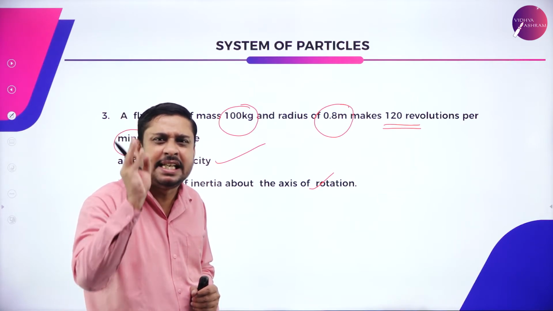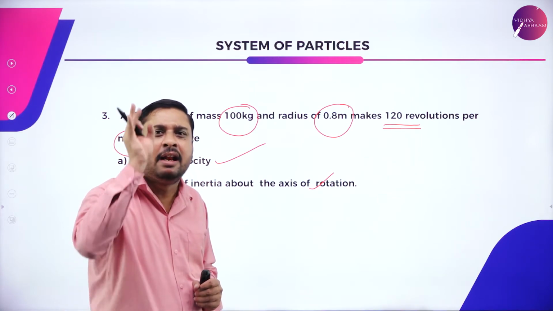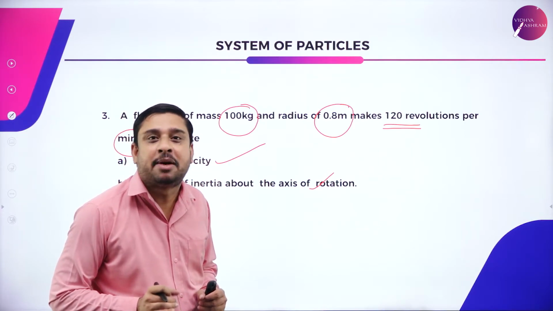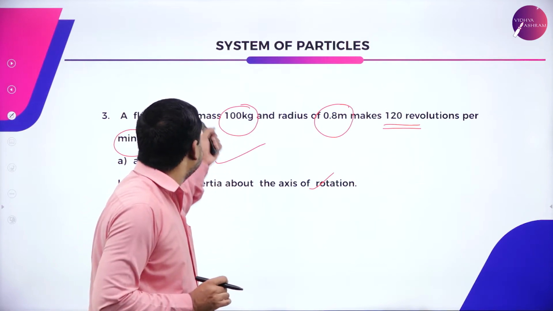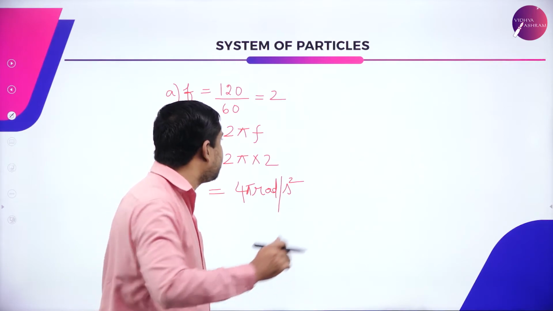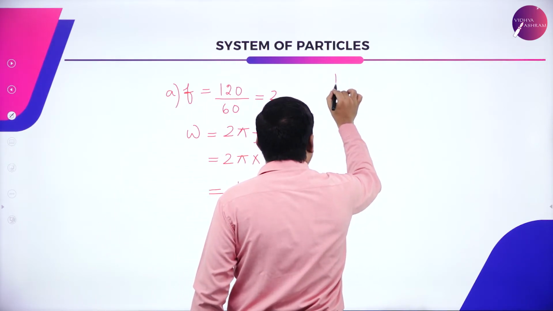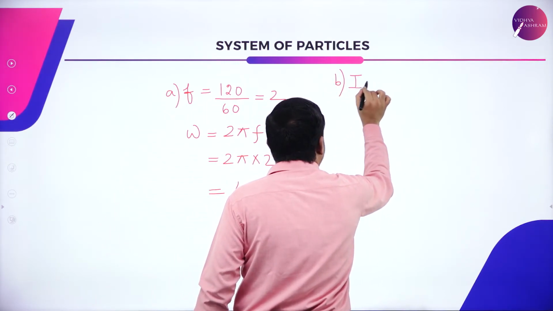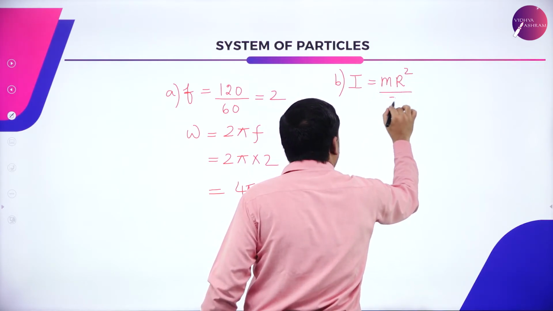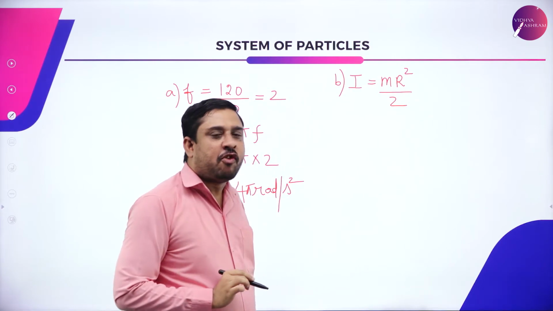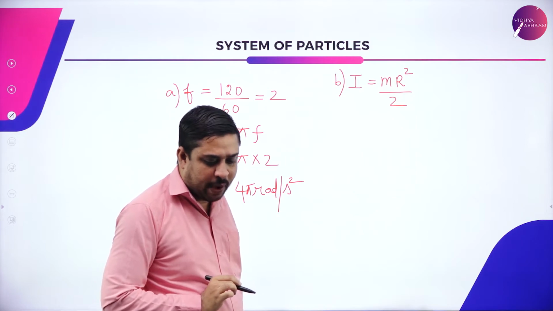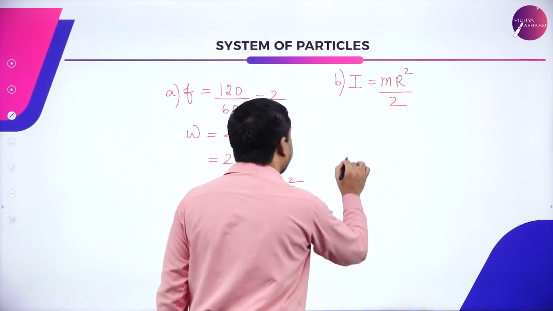It is basically sphere, circle, lamina. You should know that by heart. This is a flywheel, a circle, for which moment of inertia is m r square by 2. This formula has to be remembered.